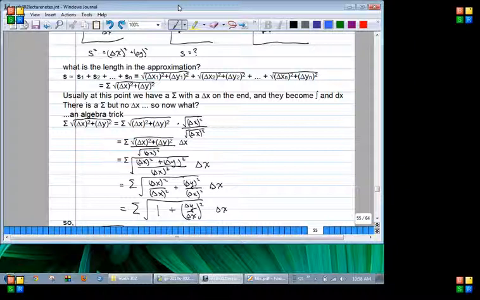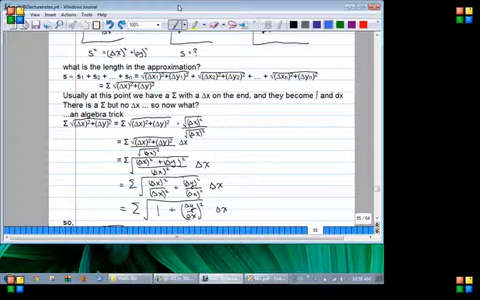And now we can pass to delta x becoming dx. And what happens to this entire expression? What does it become? The integral of what? The square root of what? I'm asking. 1 plus delta y over delta x squared. 1 plus, wouldn't that be slope squared? Yeah.